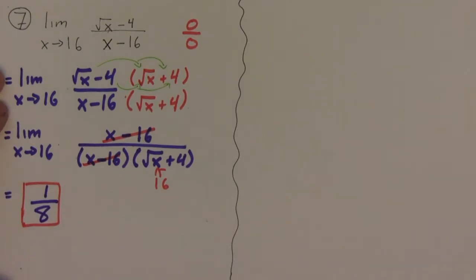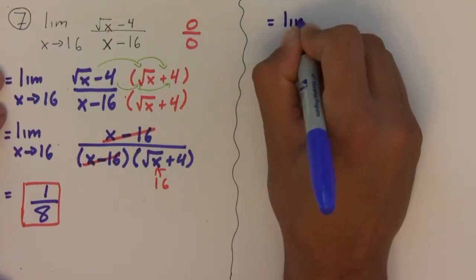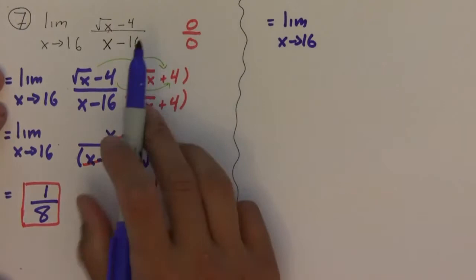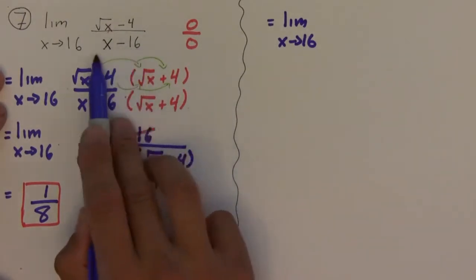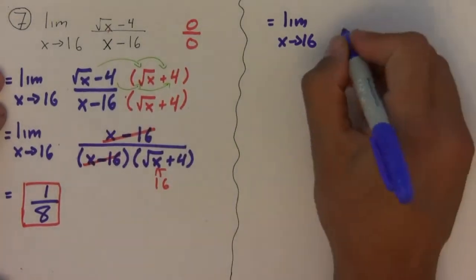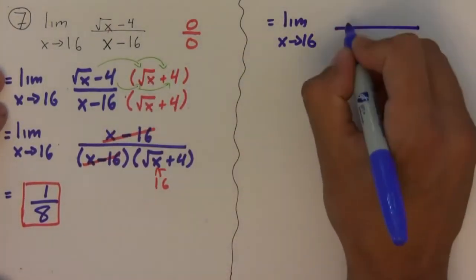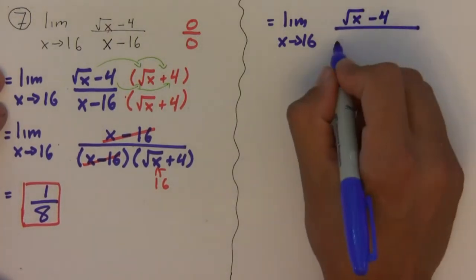Now another way to look at it, and this is quicker but you have to know what you're doing, is to take a look at x minus 16. This isn't the usual way you would factor a difference of squares, but if you imagine it being a difference of squares, let's leave the top alone.